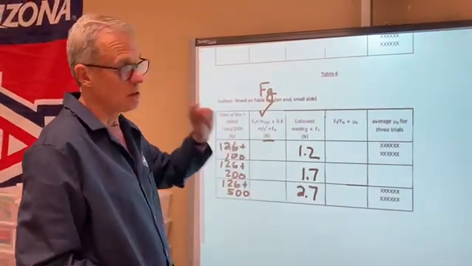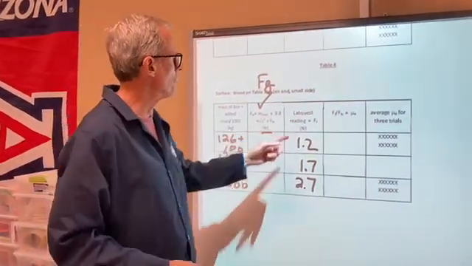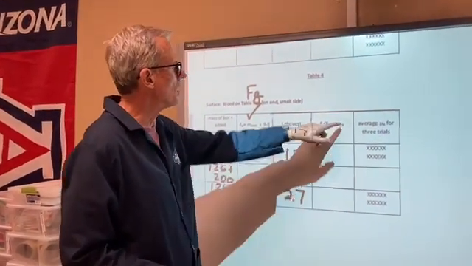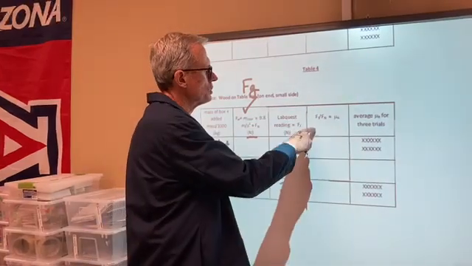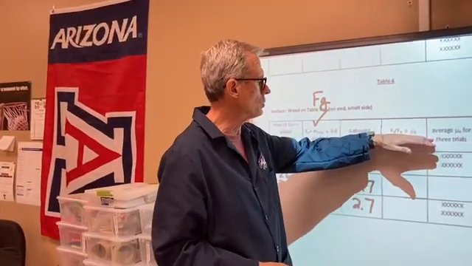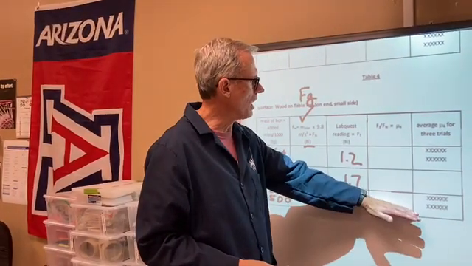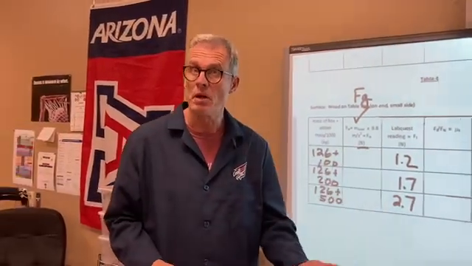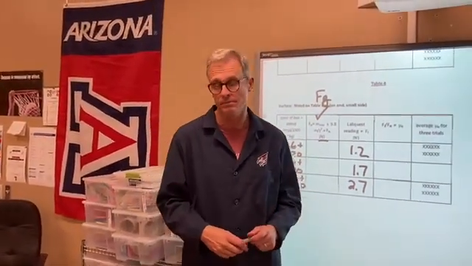Because it's moving at a constant velocity, the pulling force is equal to the friction force. You can get the coefficient of friction by dividing the friction force by the normal force. That'll give you a coefficient of friction. Add those all three together, divide by 3, and get an average for each table. Then we're going to talk about the results. Okay, go for it.